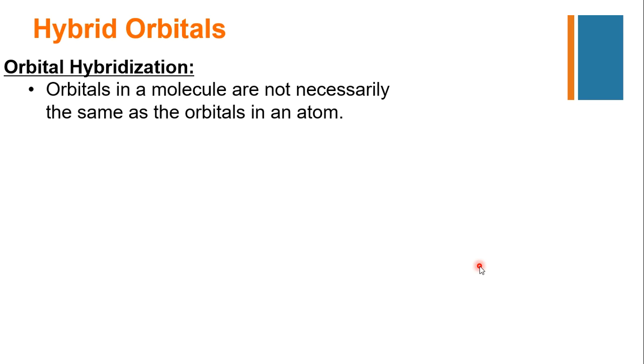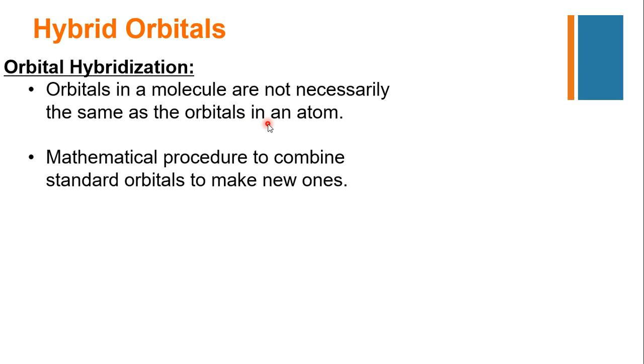When carbon gets ready to make a bond with hydrogen, it's going to hybridize, or smash together, all of those orbitals to make what are called hybrid orbitals. So the hybrid orbitals are in our molecule, and standard orbitals are in our atom.